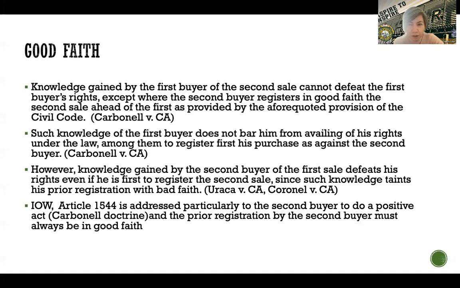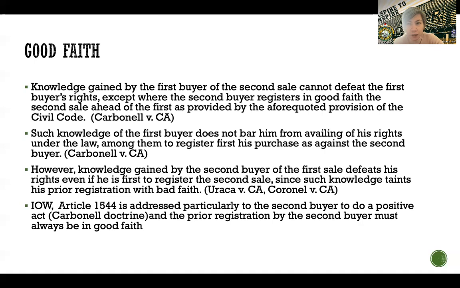But it's a different rule, guys, if the knowledge is acquired by the second buyer as to the first sale. Regardless of whether he was able to cause the registration of the sale, if the first buyer is able to prove that the second buyer was in bad faith, because he already knew of the first sale, then that knowledge is tainted, and that will make the second buyer in bad faith.